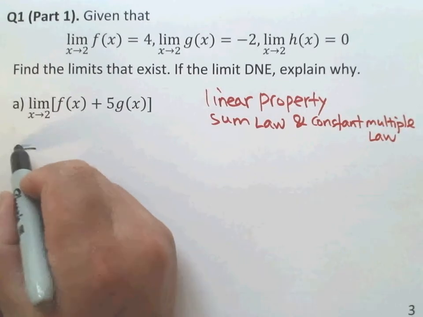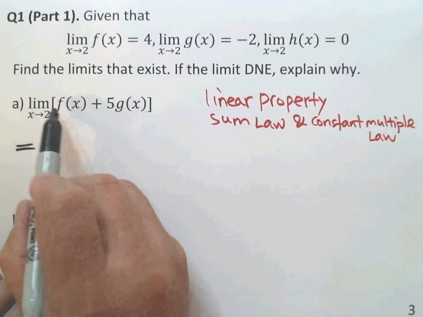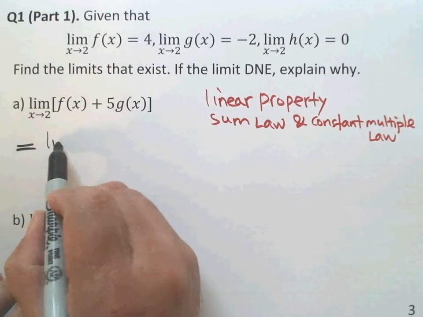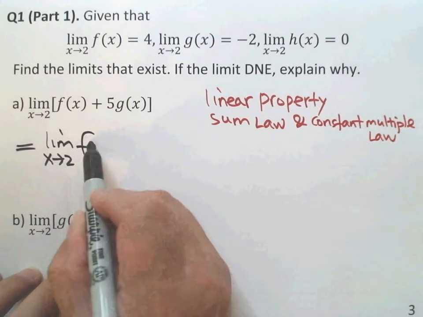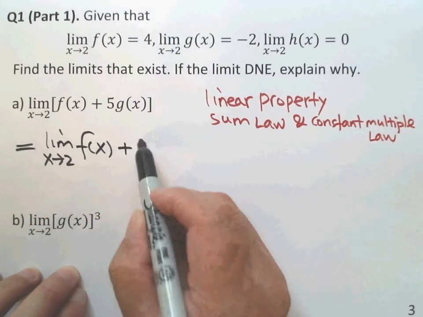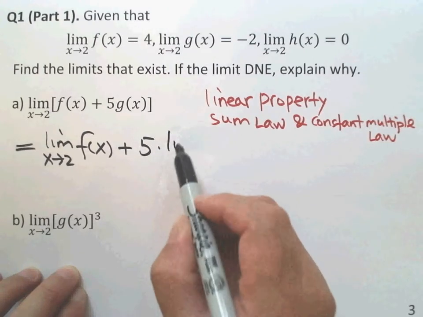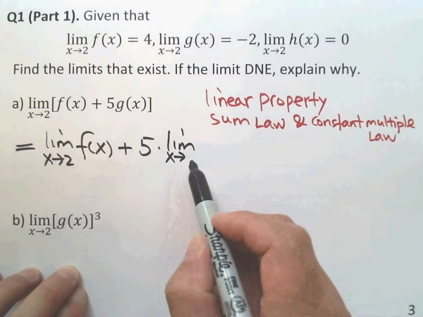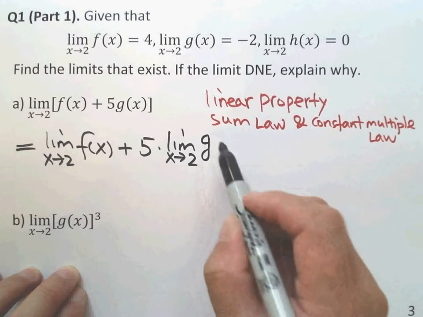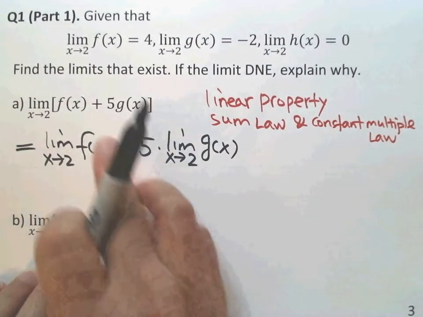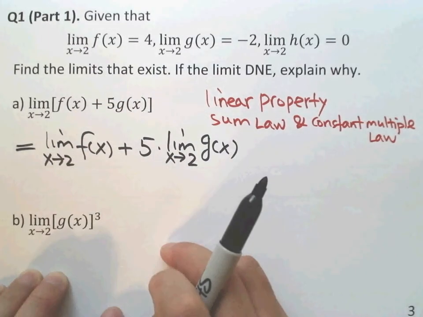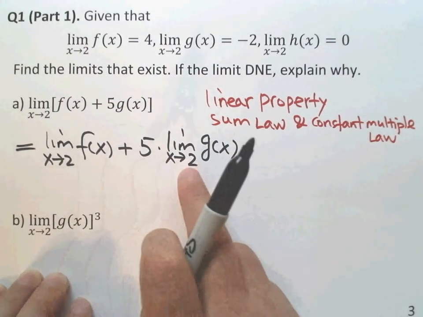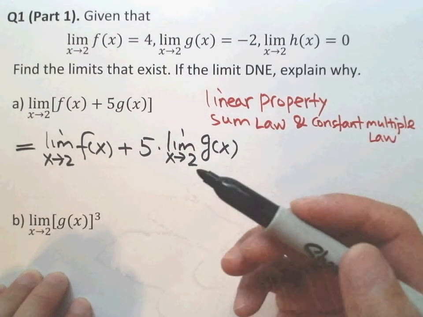So what result can we get? We can see this. This is the limit one by one: the limit as x approaches 2 of f plus 5 times the limit as x approaches 2 of g. Can you see the linear combination of two functions? The limit of a linear combination is the linear combination of the two limits.